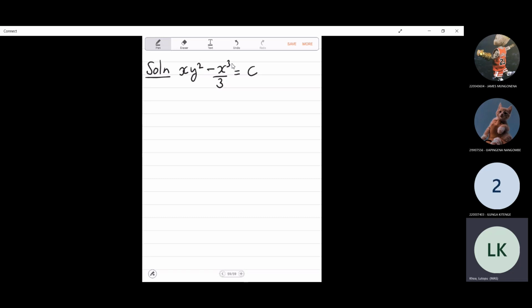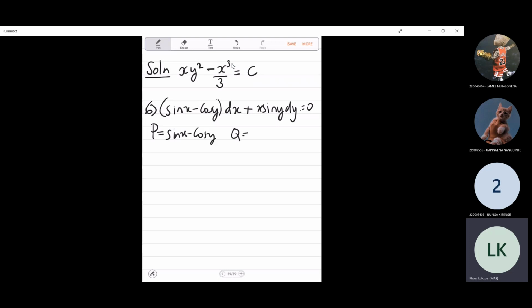Number 6, sine x minus cos y dx plus x sine y dy is equal to 0. Here our p is sine x minus cos y.